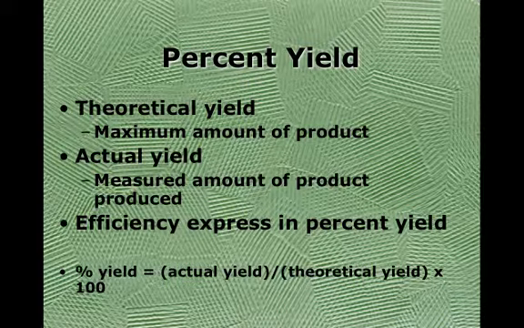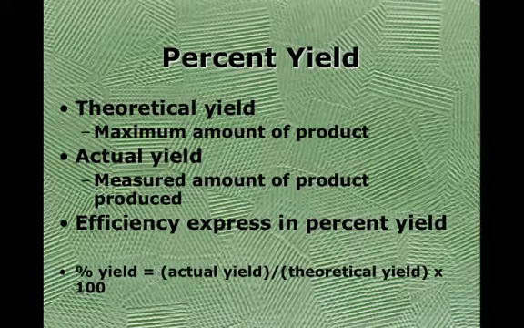That would be your theoretical yield of sodium chloride. That's the maximum amount that you would form. But it says in lab you actually only produce 11.3 grams. So your actual yield is 11.3, and your theoretical yield is whatever you got in number 3, and then you times by 100 to get your percent.